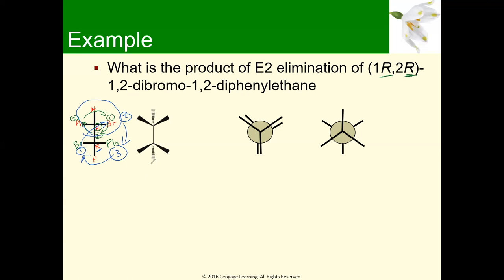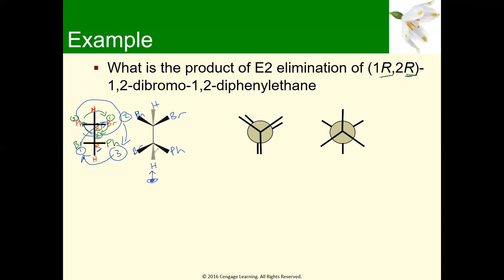Okay, so these are hydrogen, and then I've got a bromine, I've got a phenyl, and then I've got the bromine right there, and I've got the phenyl right there. Okay, so now remember how we convert these into Newman projections. Let's say that this is my eyeball.